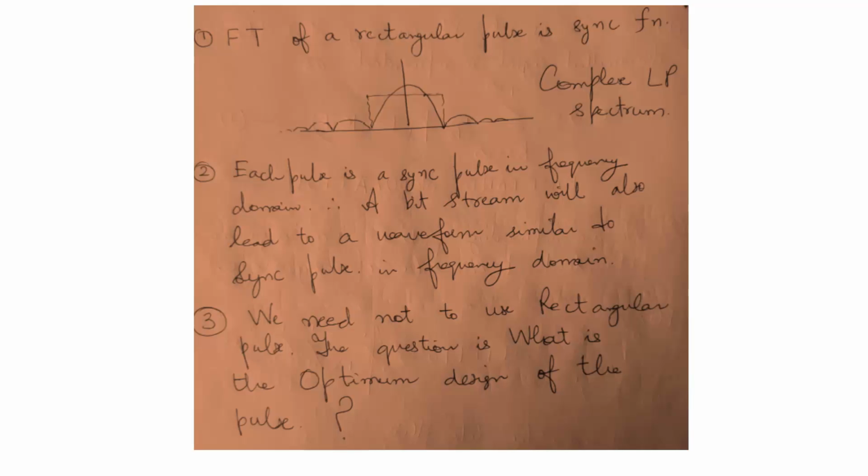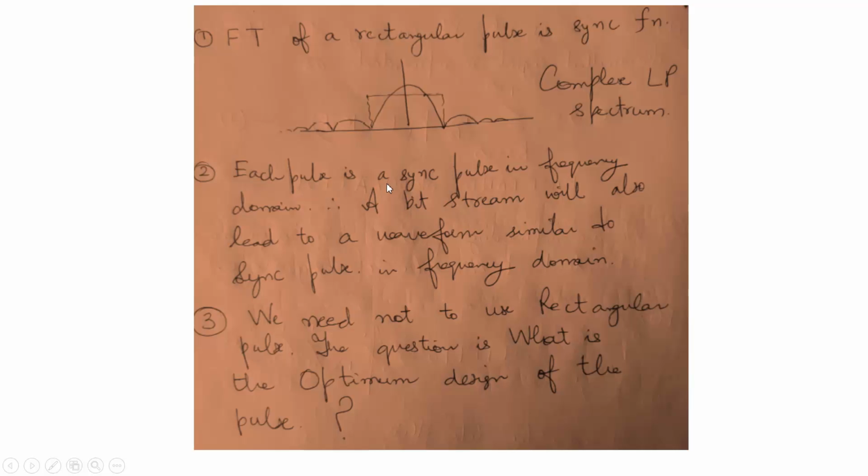The Fourier transform of a rectangular pulse is a sinc function, which clearly tells us that the spectrum is complex. It is low pass since the spectrum is centered around zero frequency.